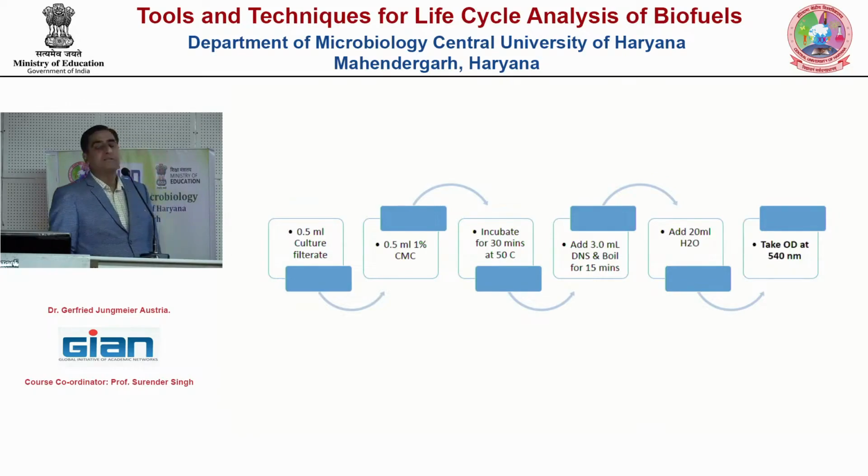This conversion of dinitrosalicylic acid facilitates the identification of the sugars. Once DNSA is added, we boil for 15 minutes, then make up the volume to 20 ml, and at the final stage we take the OD at 540 nanometers. The higher the reading, the more the reducing sugar.